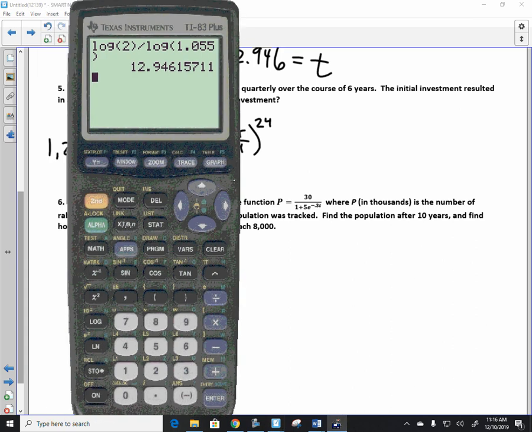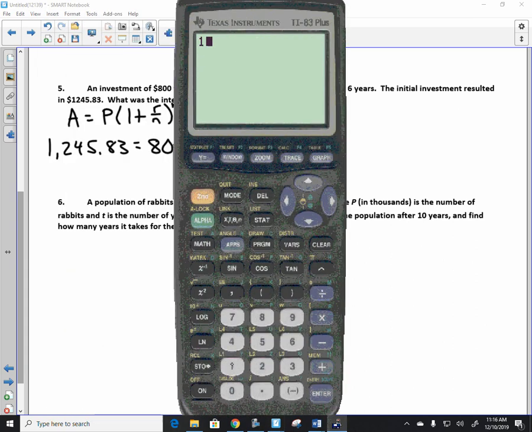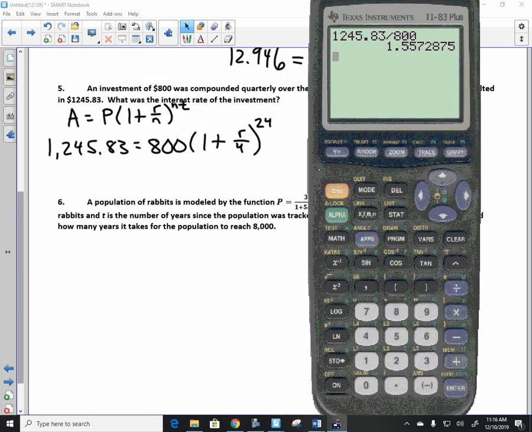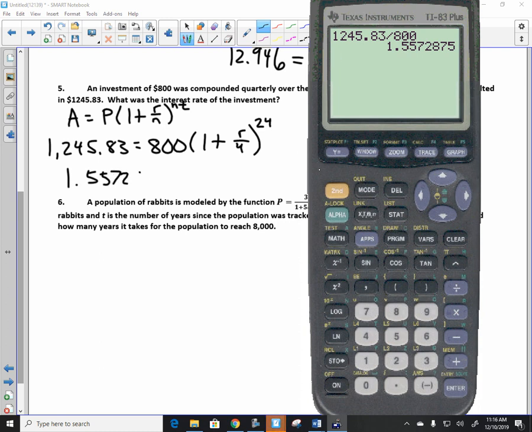So 1,245.83 divided by 800, and I get 1.5572875, is equal to 1 plus r over 4 raised to the 24th power.